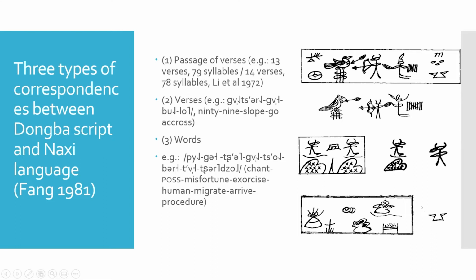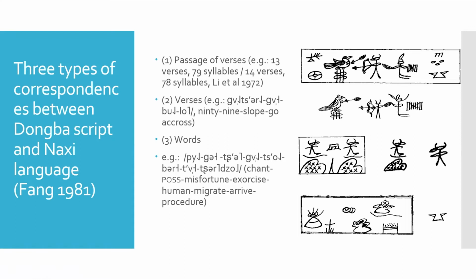The religious text shows a special case of the application of Dongba script in writing down the language, because in this kind of religious texts, the Dongba glyphs are used as a sort of prompts or mnemonic devices to introduce the oral texts.